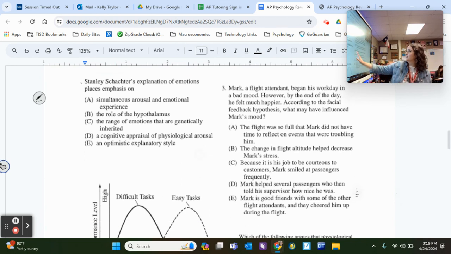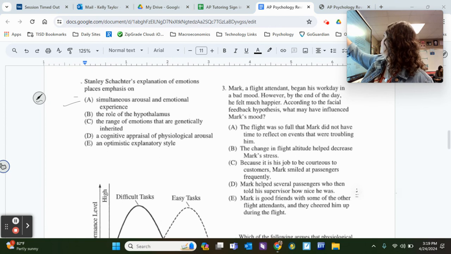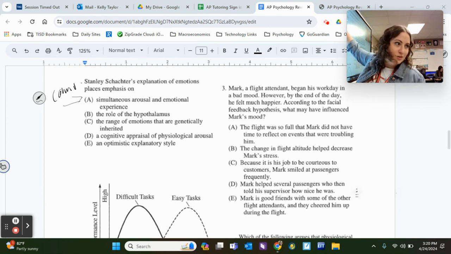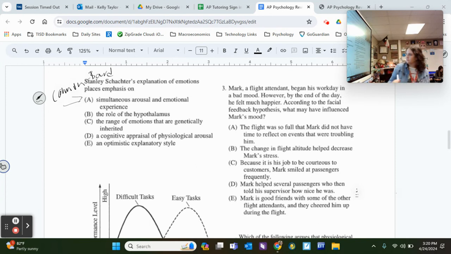Chapter 2, theories of emotions. First off, what is A describing? Simultaneous is Cannon-Bard. The hypothalamus is part of emotions, but that's not what the doctor is talking about.